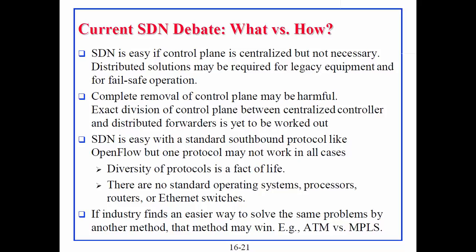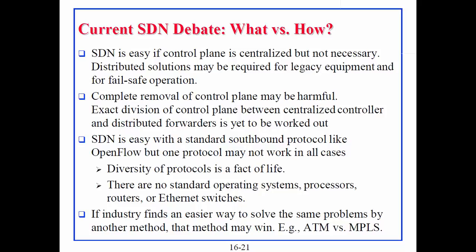If you're using something like OpenFlow as your standard southbound protocol, it makes it easy to set up, but there are some limitations in communicating with other networks, maybe even limitations in possible networking products.